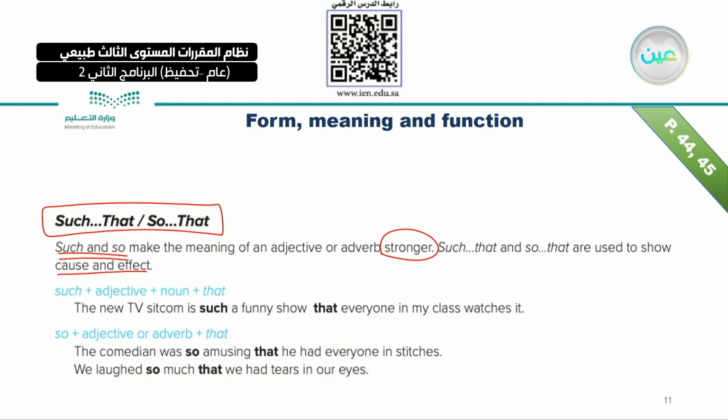Now let's read. Such plus the adjective plus noun. Now I'm talking about how you can form this using number one: such plus the adjective, then noun and that.